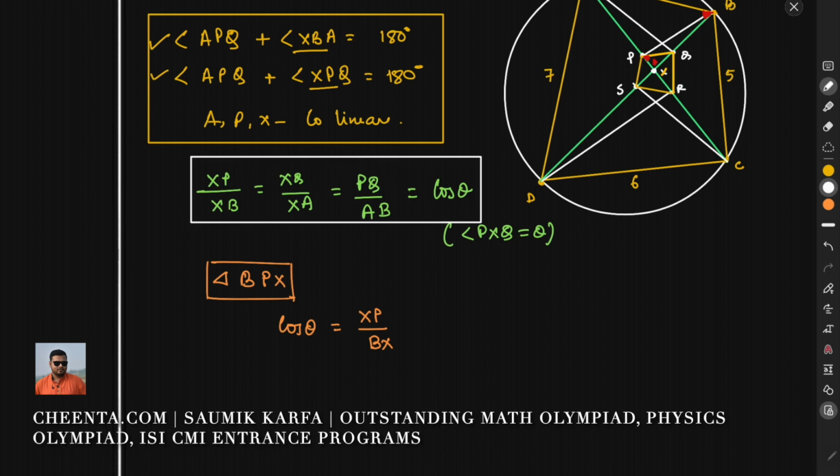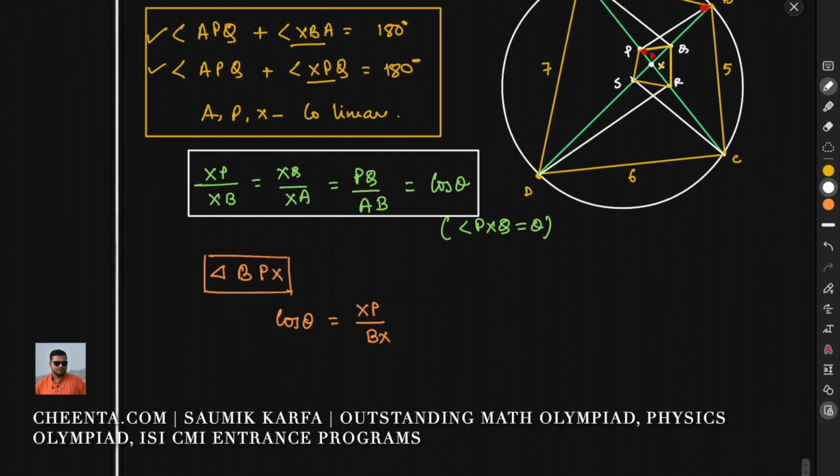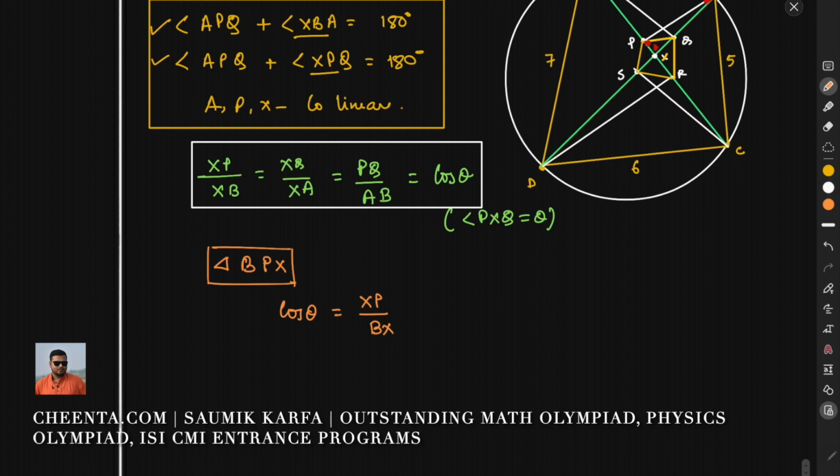Okay, fantastic. Now I'll directly make a claim, and you need to tell me why this is true. My claim is that triangles XSR and XCD are also similar. Find out why this is true, and if you can, please comment down below.